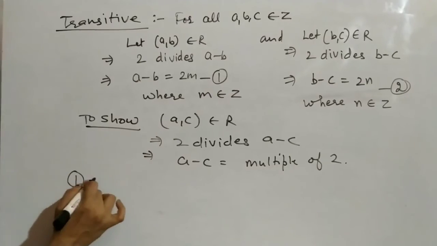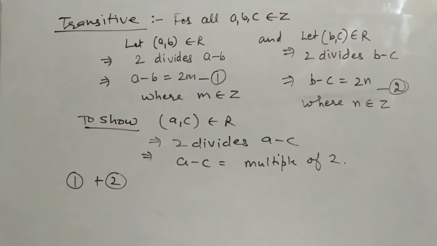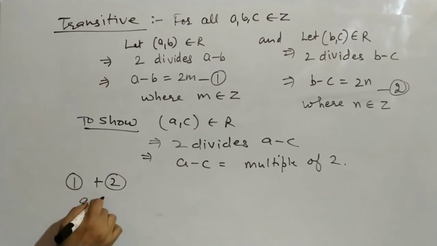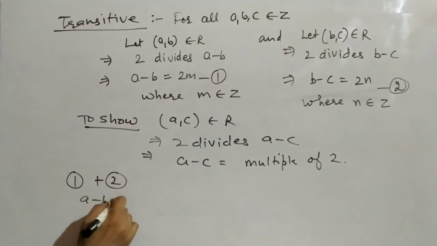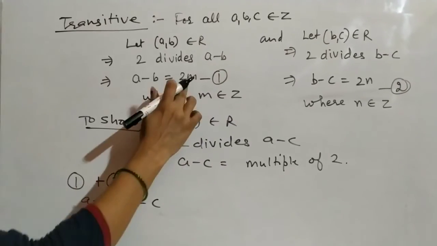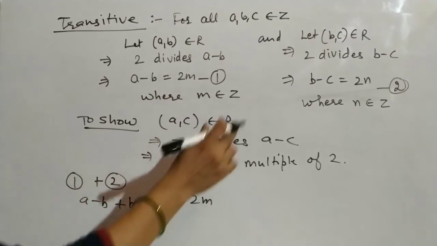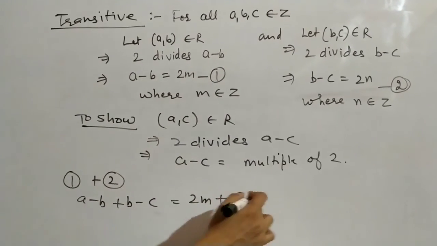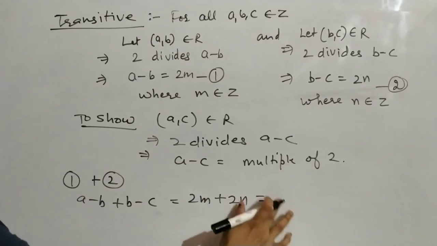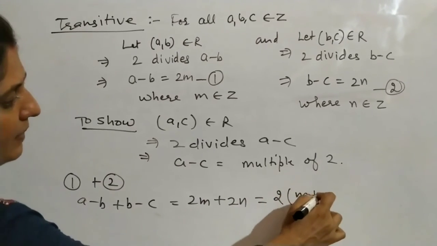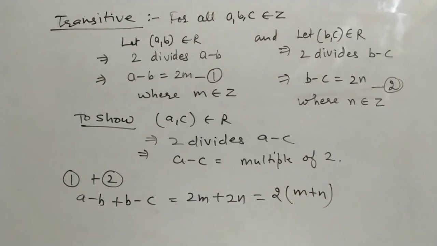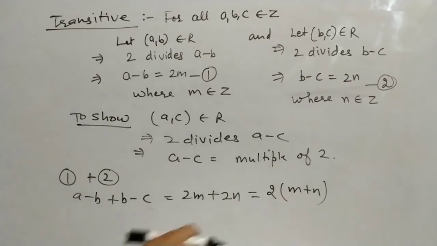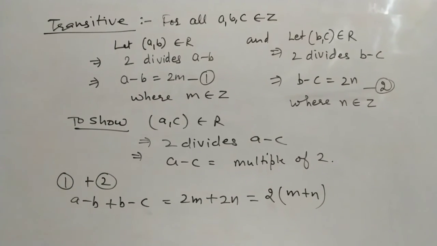So adding 1 and 2 here, we get a minus b plus b minus c is equal to 2m plus 2n, which is equal to 2 into m plus n, where m plus n is also some integer.